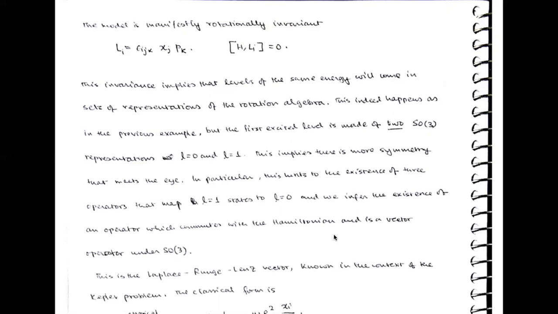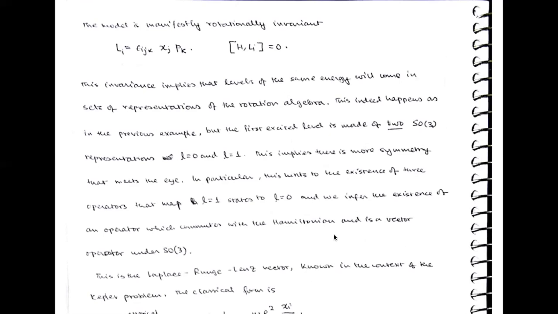In particular, this hints at the existence of some vector operator that maps the L equal to 1 states into the L equal to 0 state. So we infer the existence of such an operator, which commutes with the Hamiltonian and is a vector under these SO(3) operations.